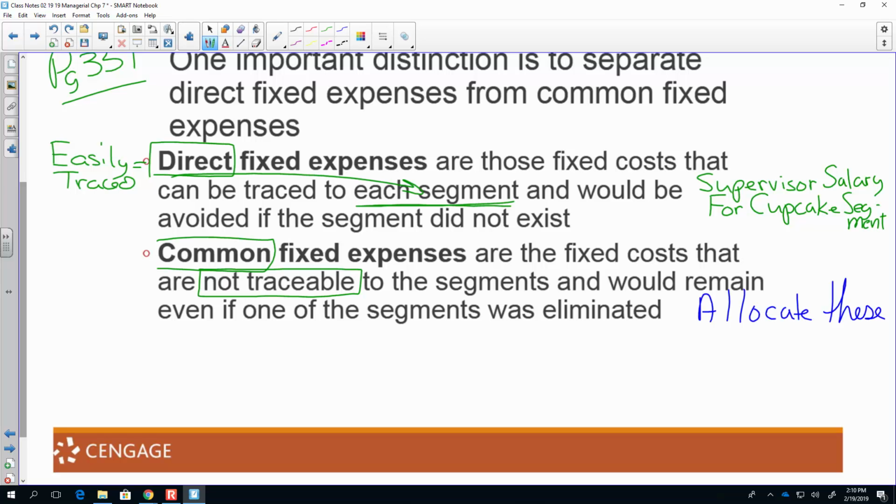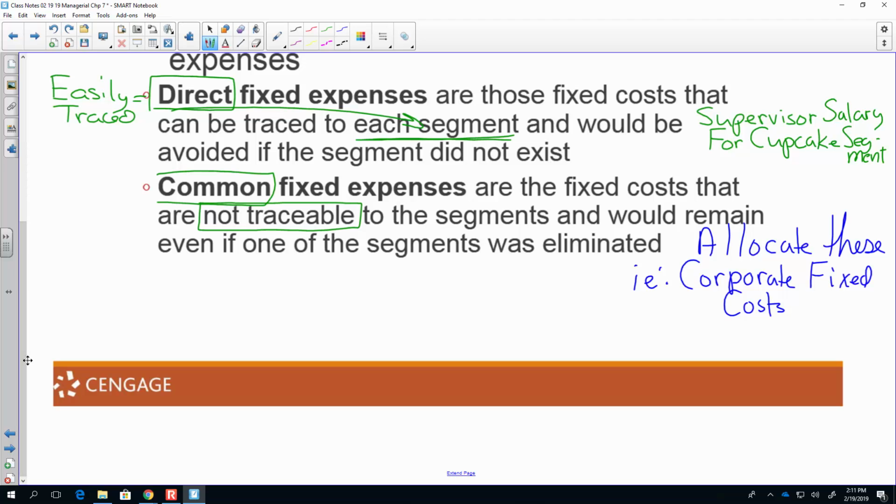Assign the common fixed. An example of a common fixed is corporate fixed cost. Examples of corporate fixed cost are the CEO salary, right?